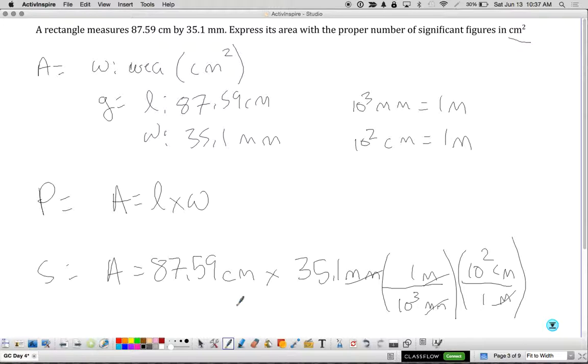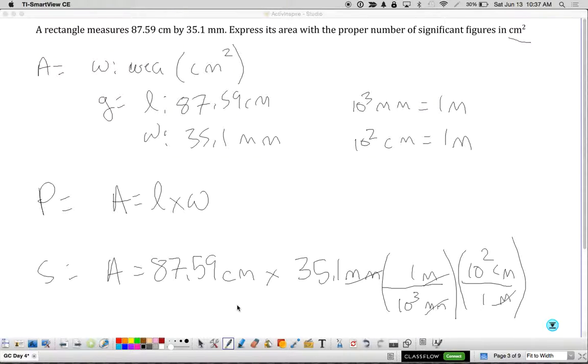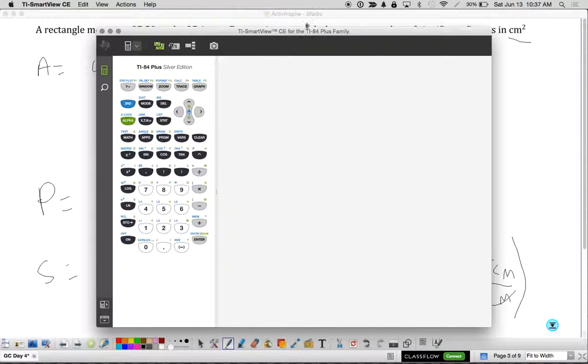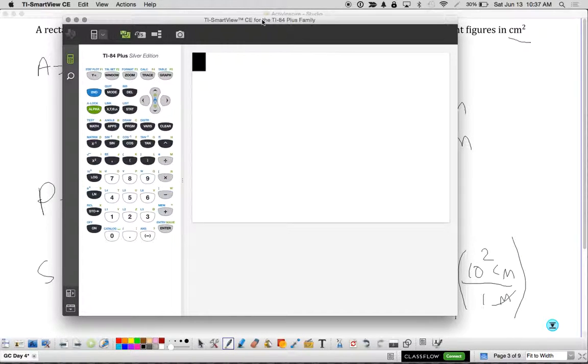Okay, so I'm going to go ahead and plug this into my calculator, and again, it's nice that everything lines up like this in dimensional analysis.